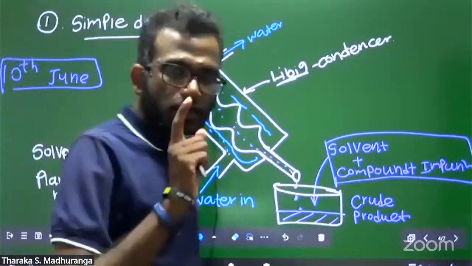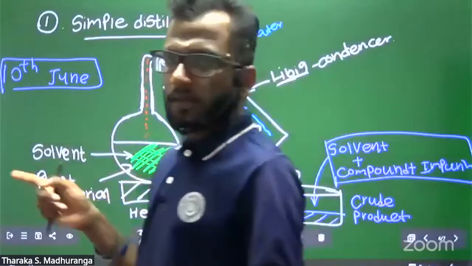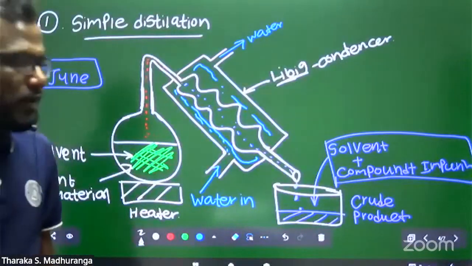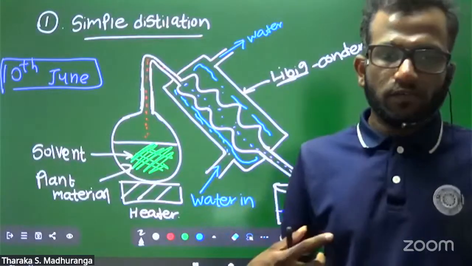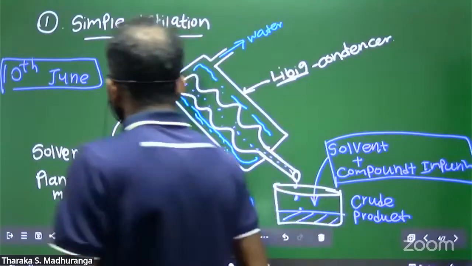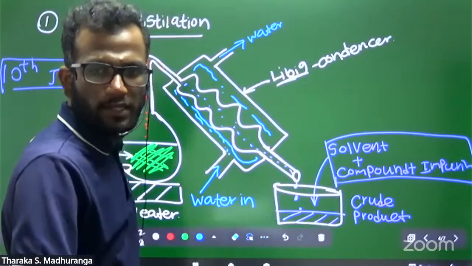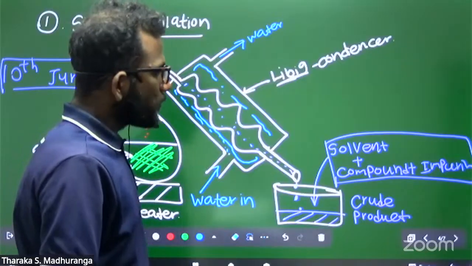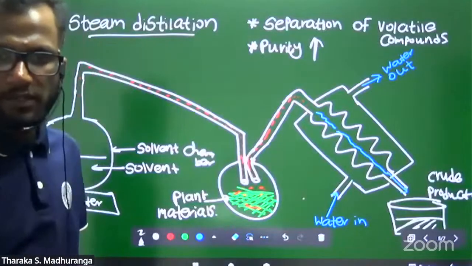Another question you asked: how do we find the suitable method? We find the suitable method according to our requirement and our facilities. If you need to separate only volatile compounds, we can go with steam distillation.